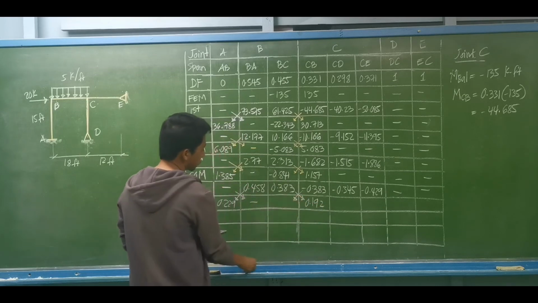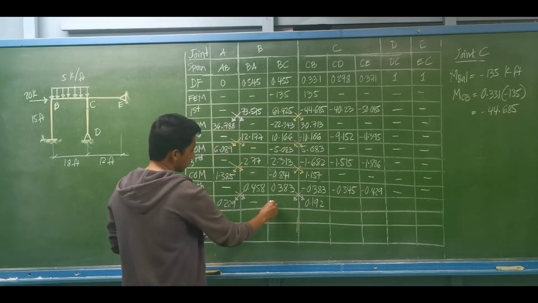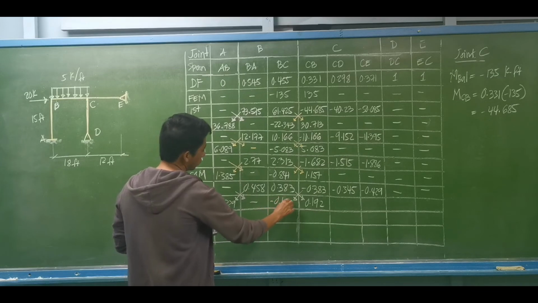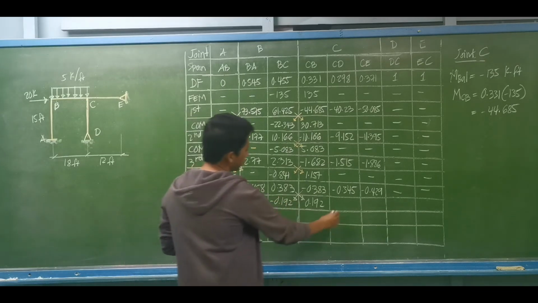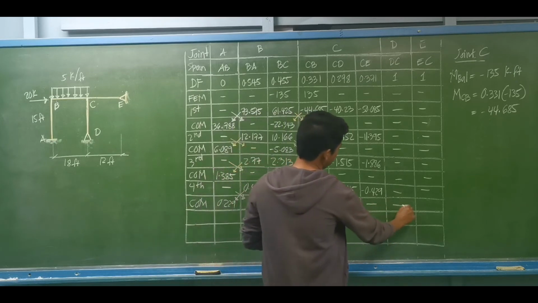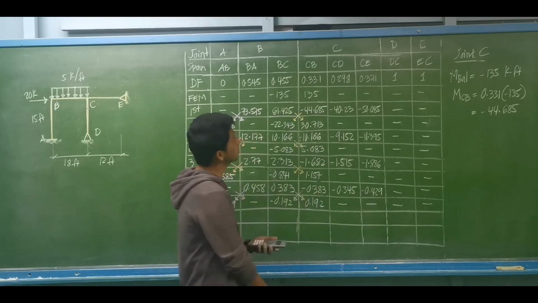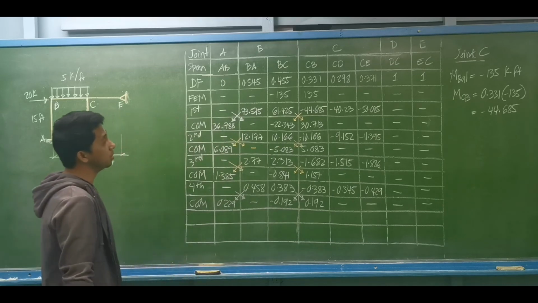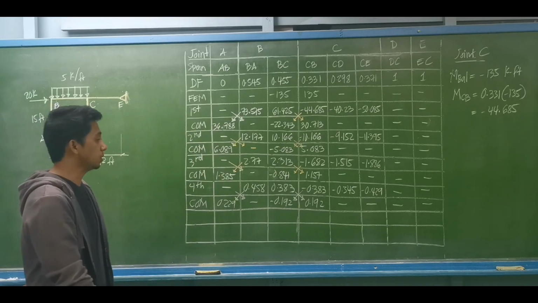And this one is the same but opposite in sign, negative 0.192. So no distribution, no carryover moment for these ends, for CD, CE, DC, and EC.